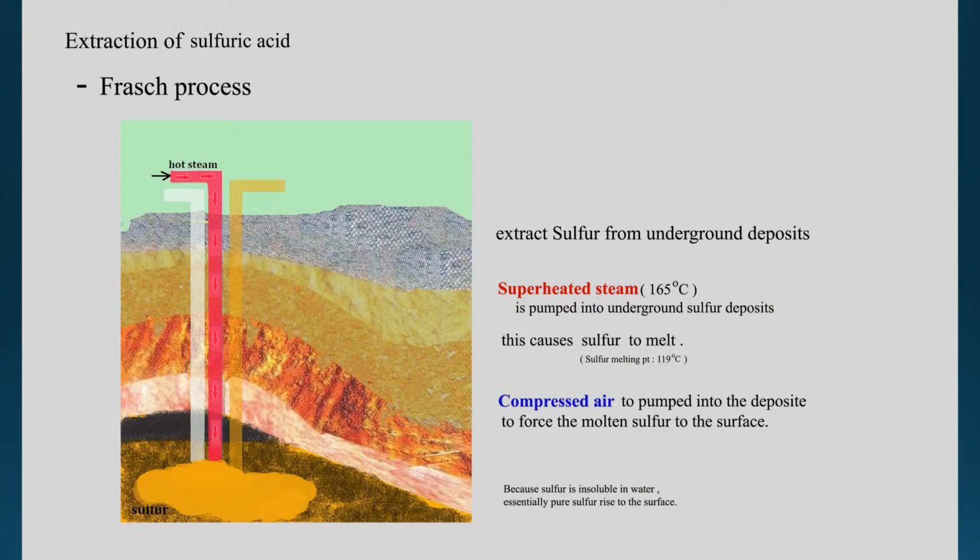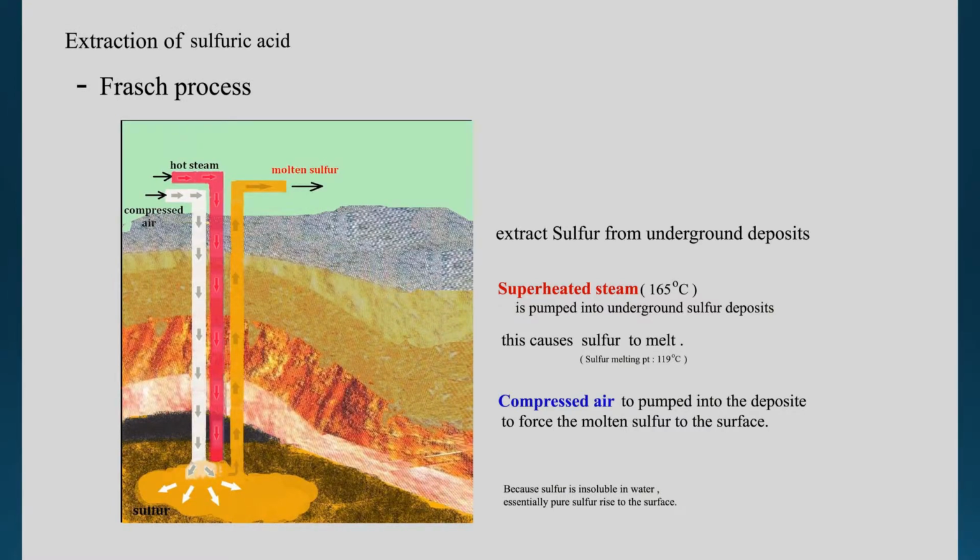Now, step 2. You compress air into the deposit, and you force the air in as follows. Once you force the air in, the melted sulfur will be squeezed out onto the surface.